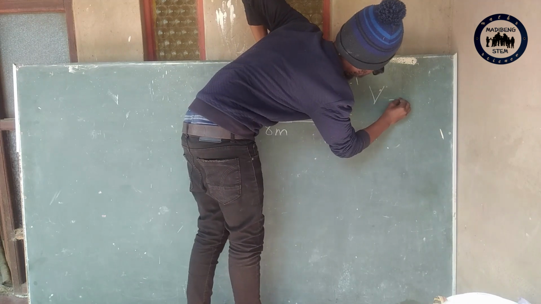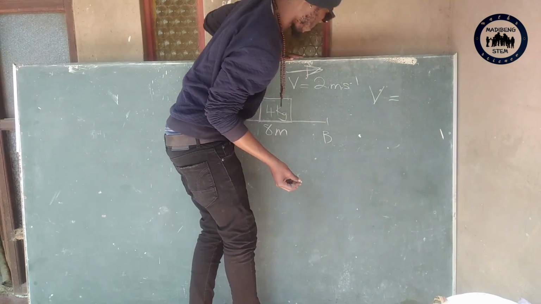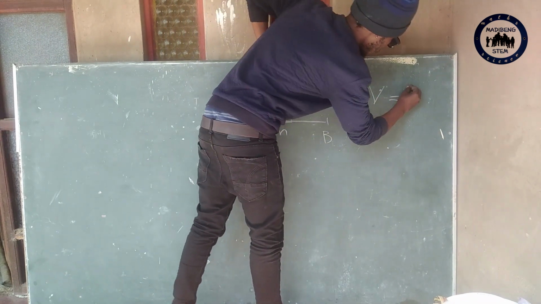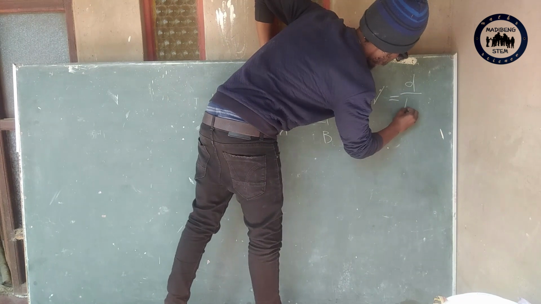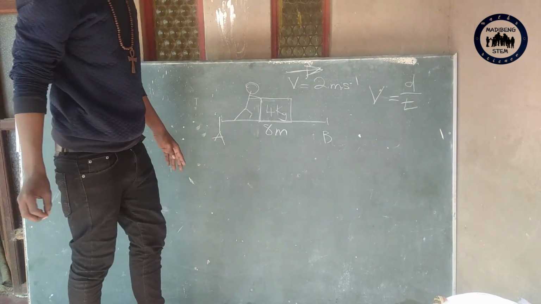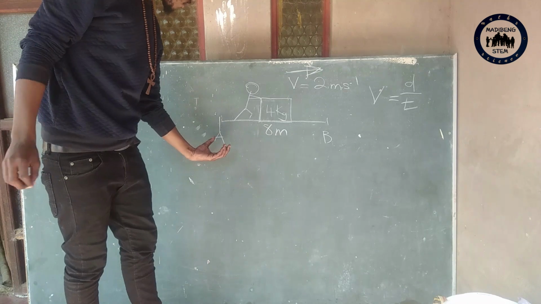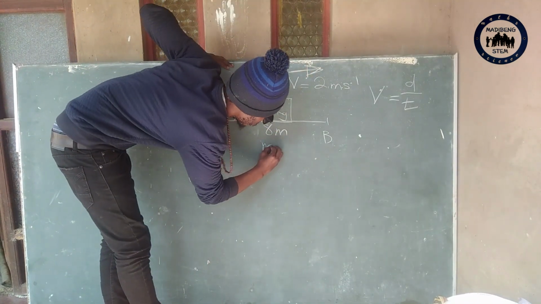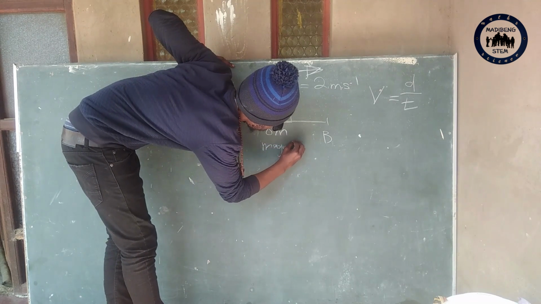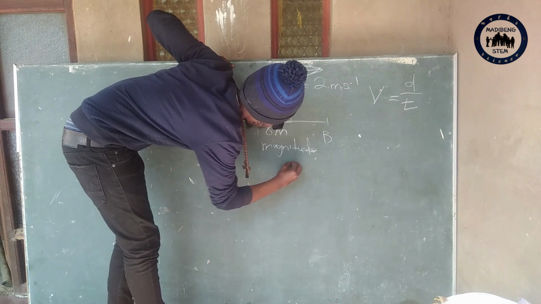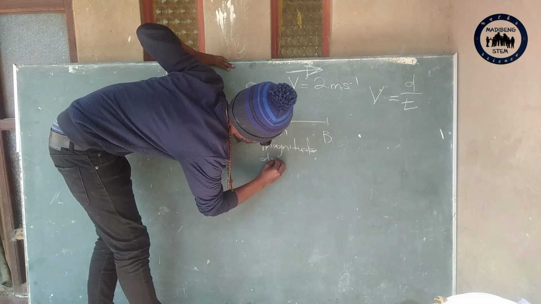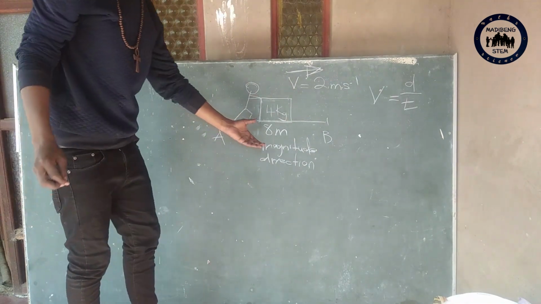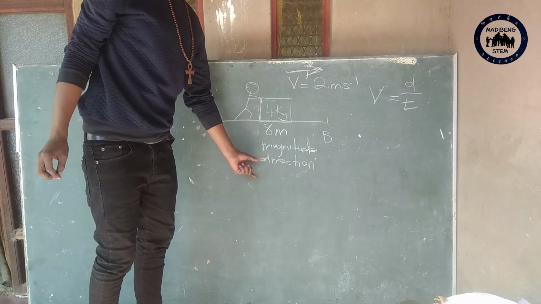Velocity is the rate of change of displacement, right? This is displacement, not distance. Why am I saying displacement, guys? I'm saying he travels from point A to point B. Now this is displacement because I have magnitude and direction.